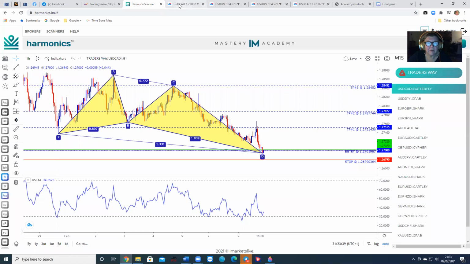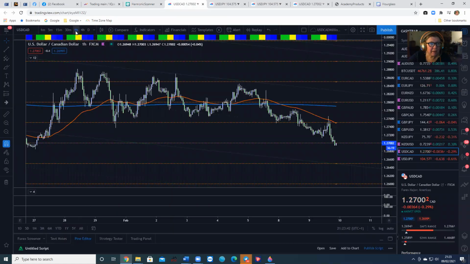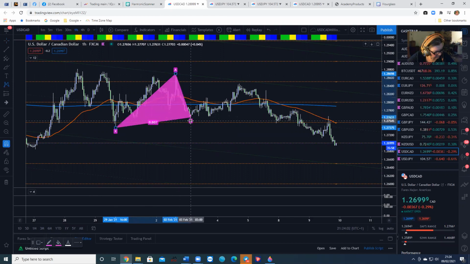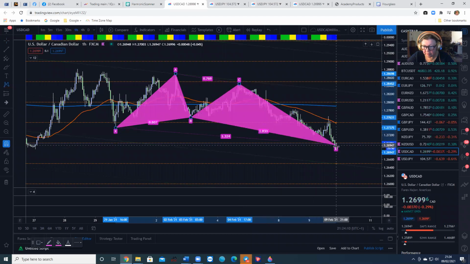It's that one there, USD CAD on the hourly. So get my little pattern tool, put the magnet on. That's there to the next high point, to the next low. Oops, to the next high. To the next low. And then we put a pitchfork on here.